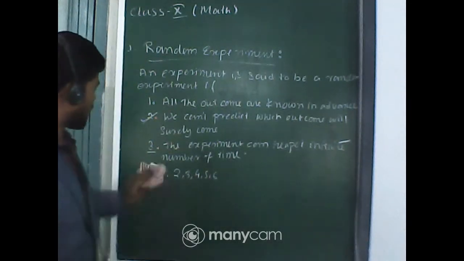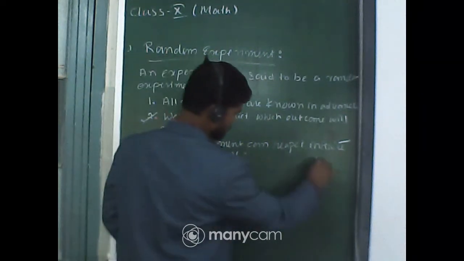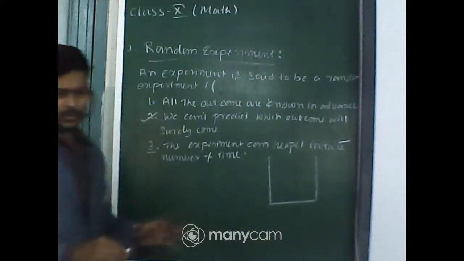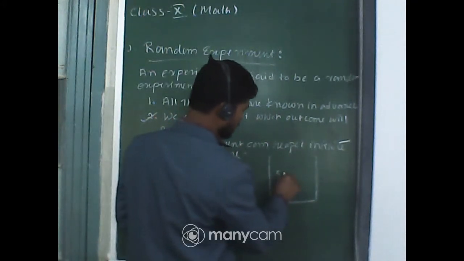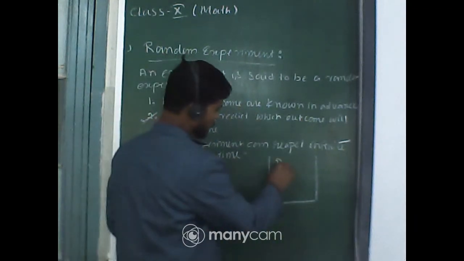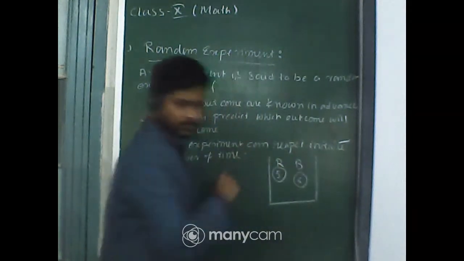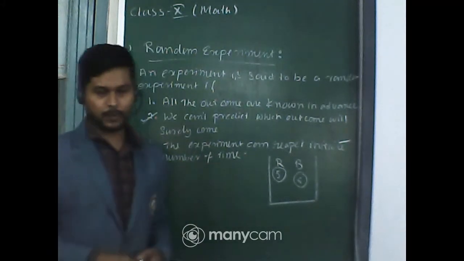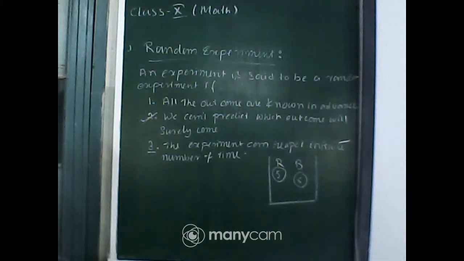That means throwing of a die is also a random experiment. Similarly, I'm giving another example. Suppose we have an urn here. Urn means some kind of bag. There are a few balls: 5 balls are red in color and 6 balls are blue in color. You put your hand into the urn and pick up a ball. What will be the color of the ball?